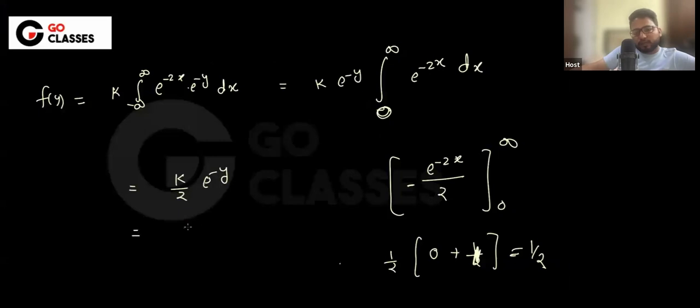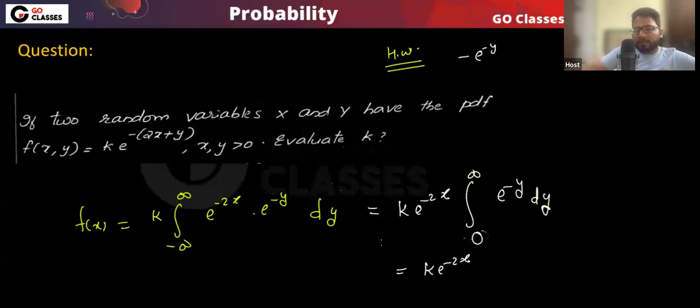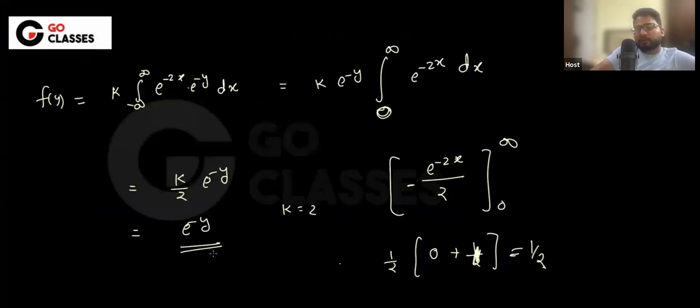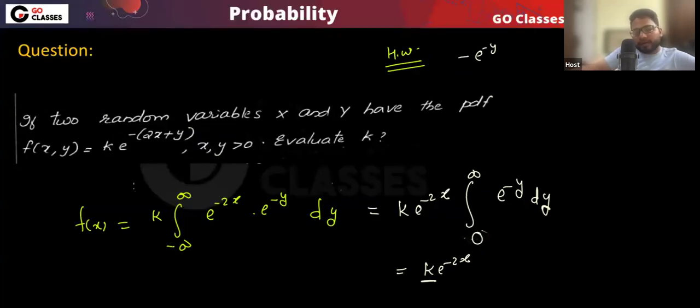Since k is 2, it is basically e power minus y only, right? And f of x is k into e power minus 2x, or 2 into e power minus 2x. So you can say that here you have k or 2, whatever, but here you don't have k. So k is not repeating, which means k you can take with fx, e power minus 2x into e power minus y.